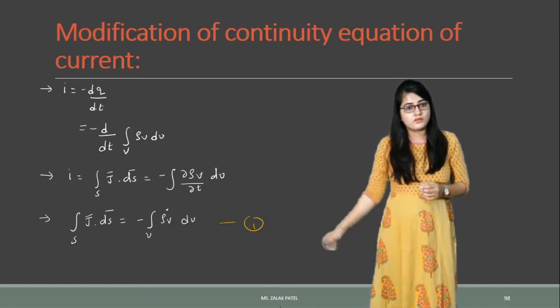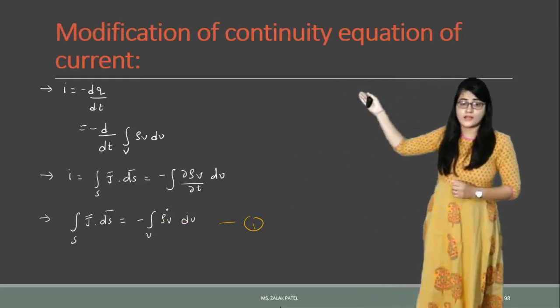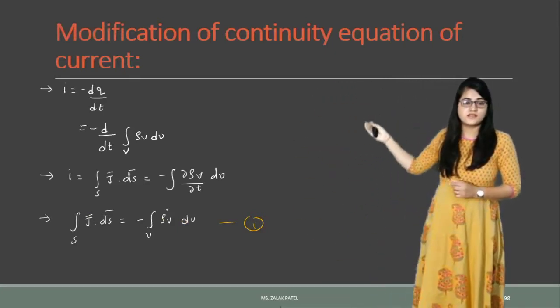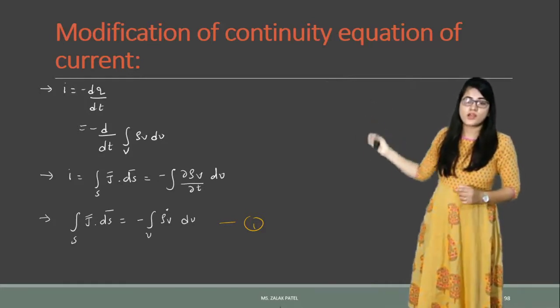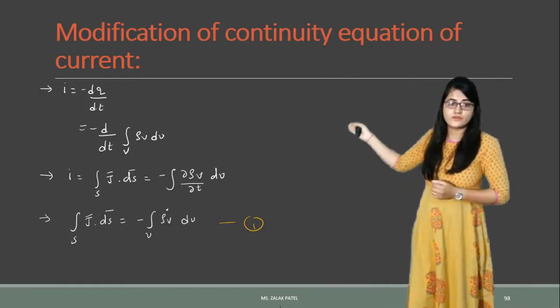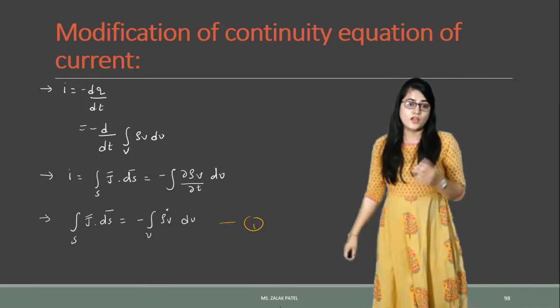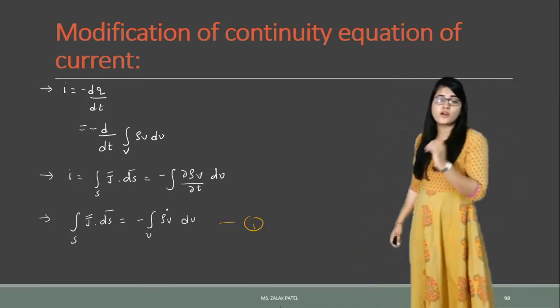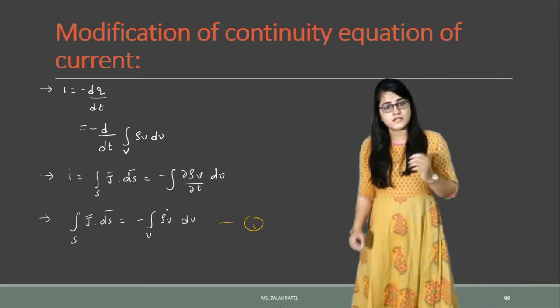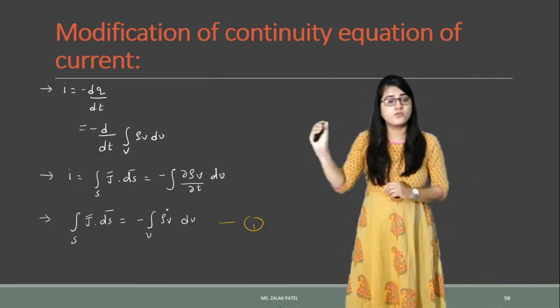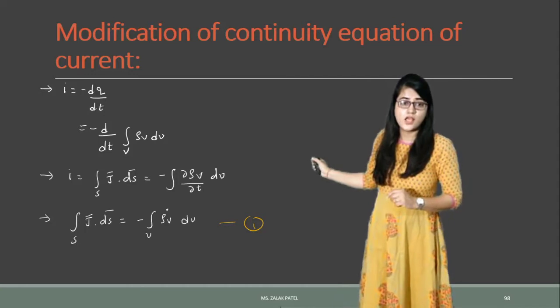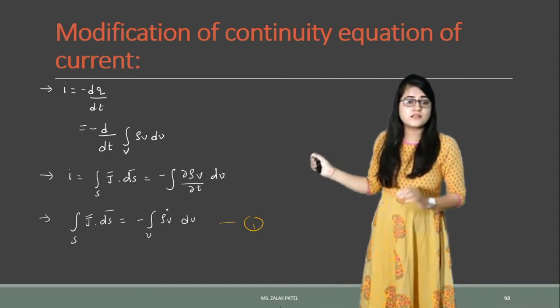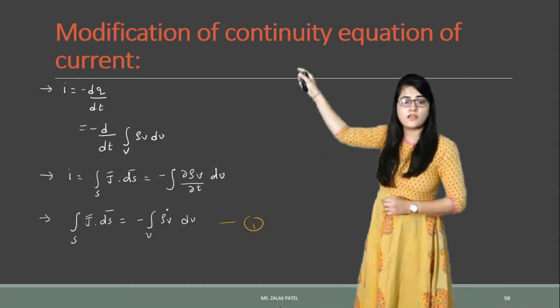So we can say that I is equal to minus dq by dt, where minus d by dt is as it is, and q can be written as volume integration of rho v dv. Now this current I is also written in the form of current density, which we discussed in the last lecture: I is equal to surface integration of J dot ds.